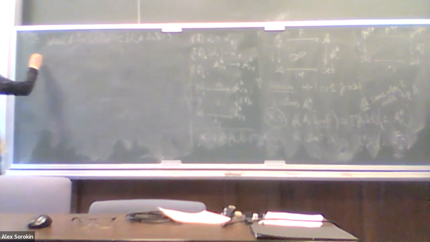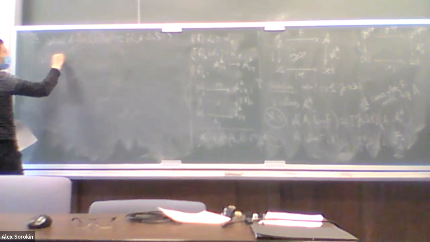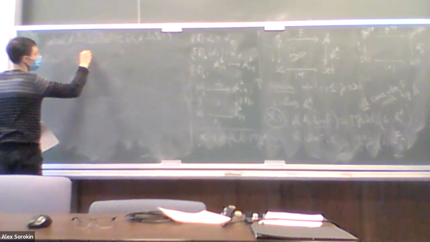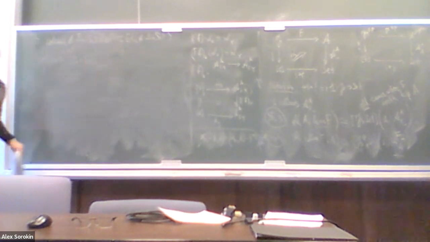Or simply speaking, colimit equals phi 0 composition L. Don't ask me what's going on for limits. I still don't know.